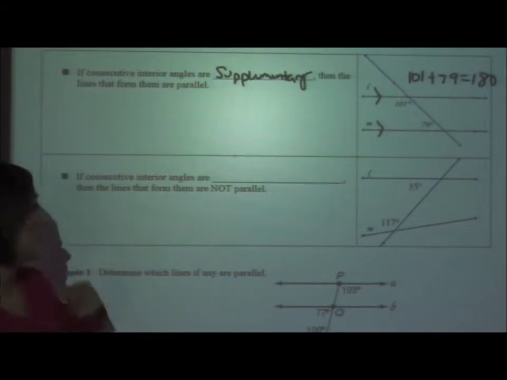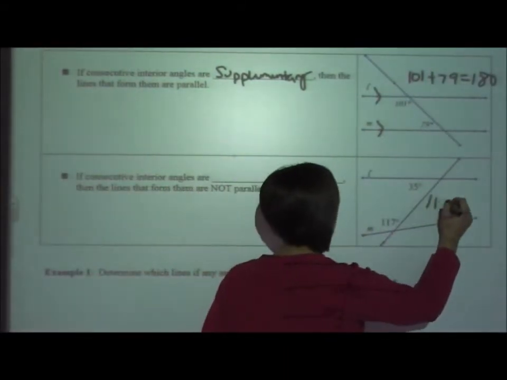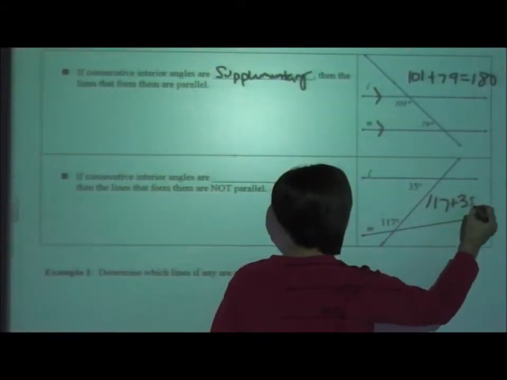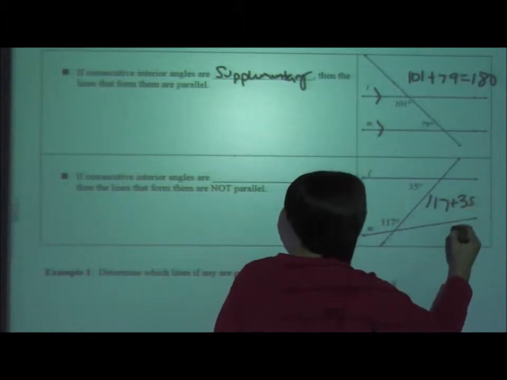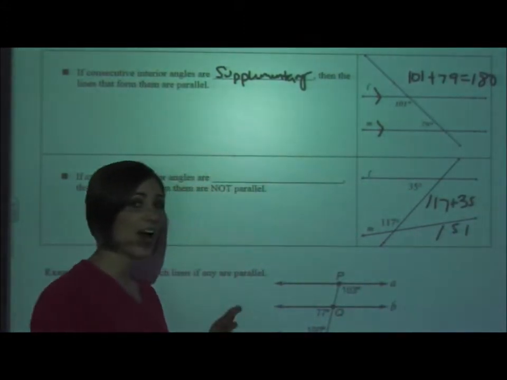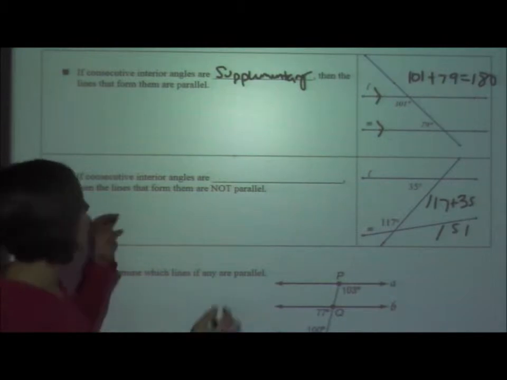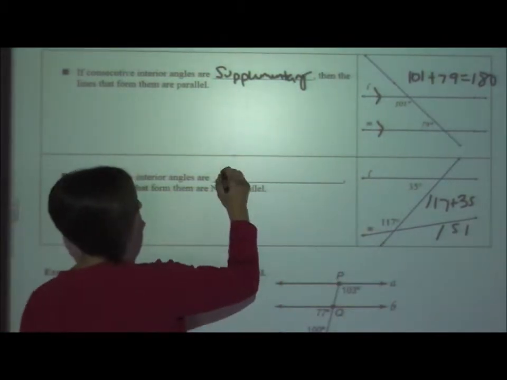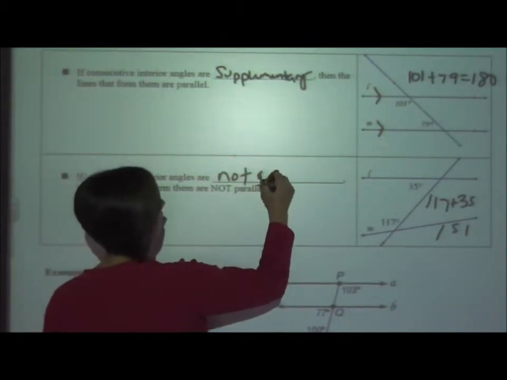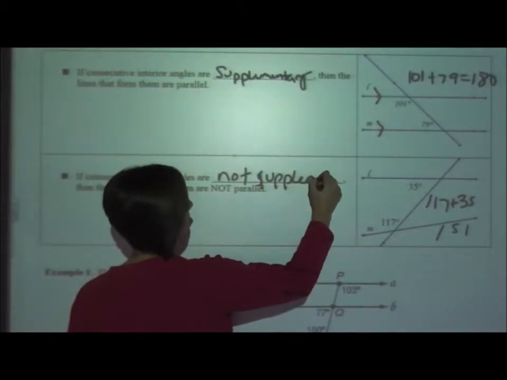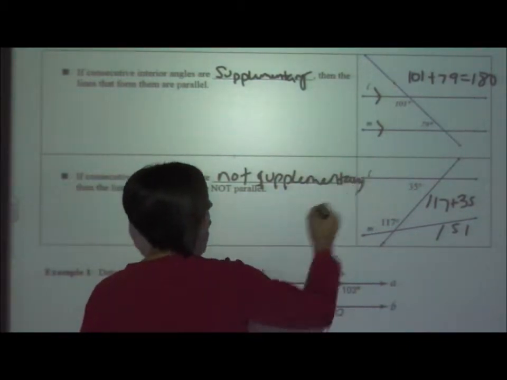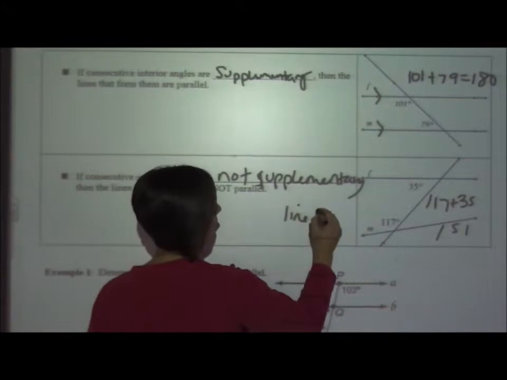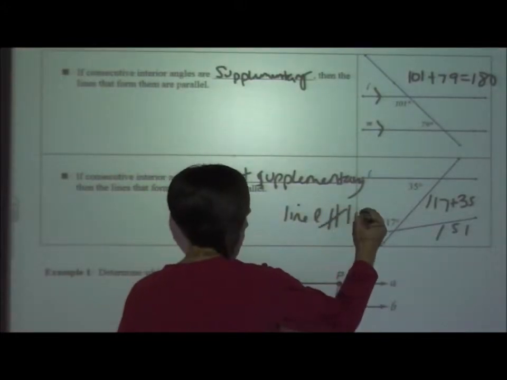But if they're not supplementary, so 117 and 35 gives us 151, that's not supplementary. So then the lines are not parallel. So we can say that line L is not parallel to line M.